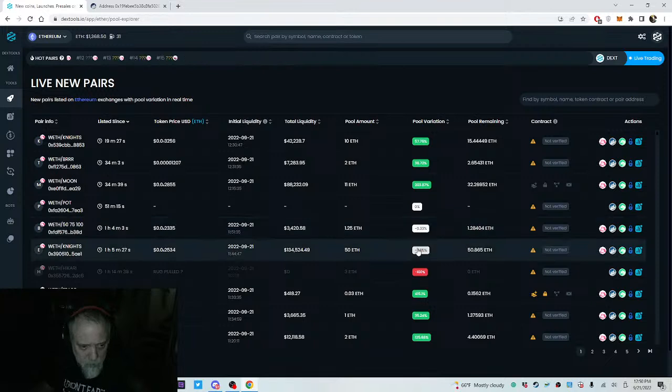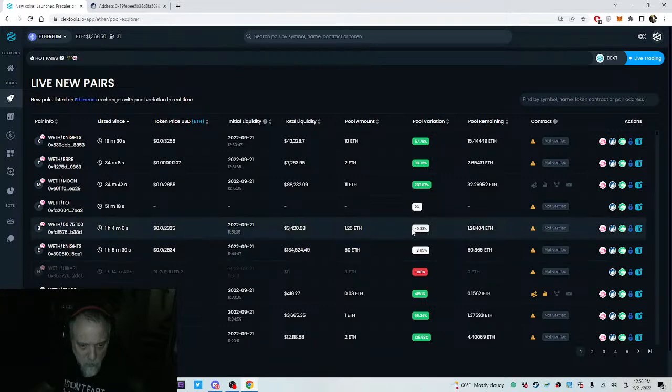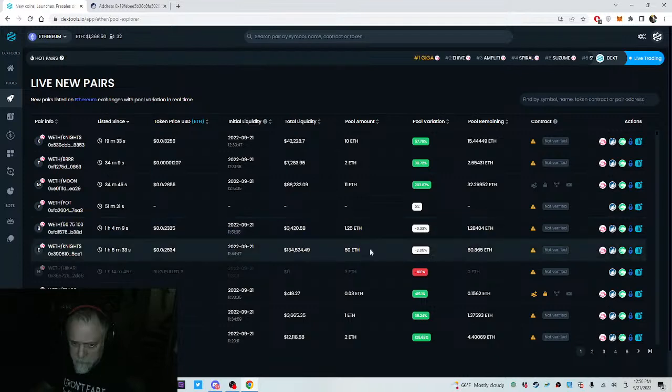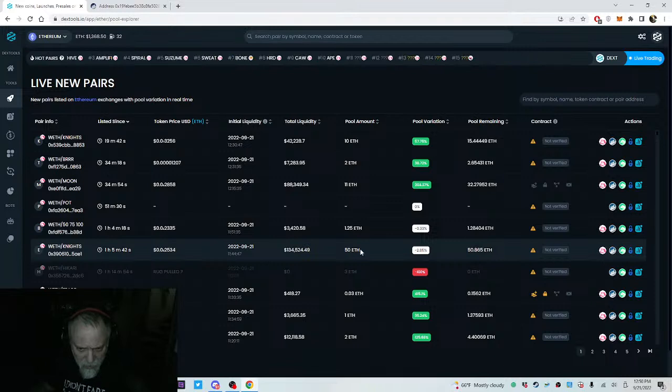Both of the ones an hour ago that put in the 1.25 ether and the 50 ether. That 50 ether, wasn't that up a little bit? Wasn't that up to like 80 ether at one point from the 50? So, you know, it's not doing all that well. It's underwater at -2. So that liquidity pool is going down for nights.